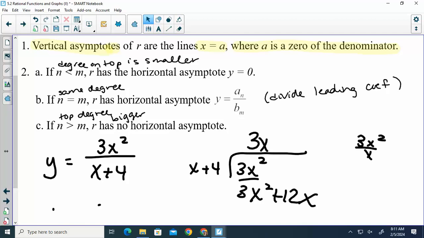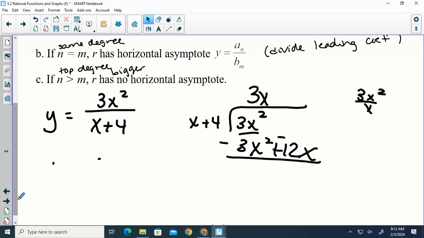Now this one is actually what we call an oblique asymptote. If I continue doing this division, we have a negative 12x come down. Can you do negative 12x divided by x? Yeah, we get negative 12. And then after that, we could continue, and you would get a remainder, right?